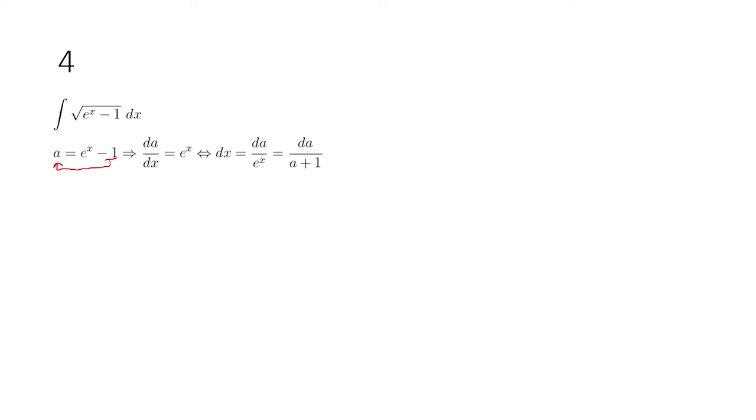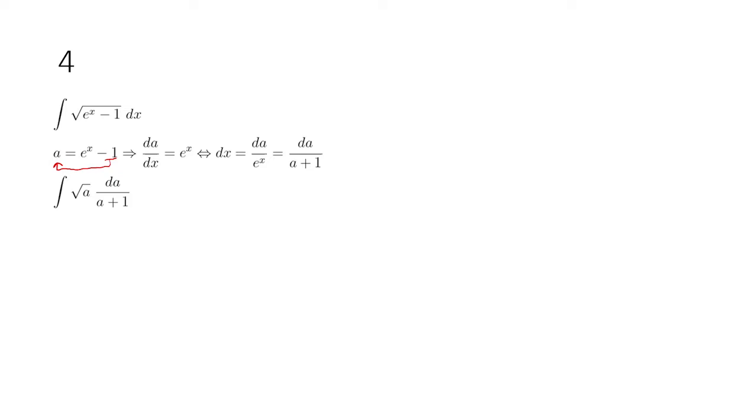So we'd get that dx is equal to dA over e to the power of x, which is also equal to dA over a plus 1. So we can substitute a and dA into the original problem. We'll get the integral of the square root of a multiplied by 1 over a plus 1 with respect to a.